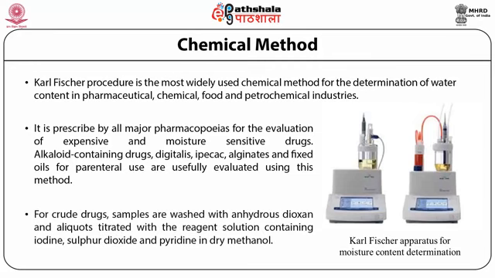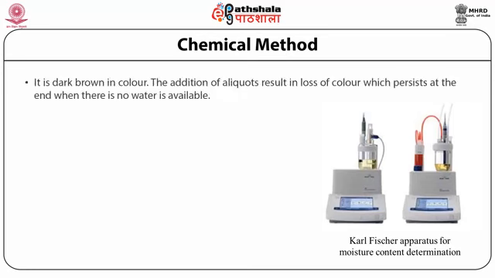The crude drug samples that are to be examined by the chemical method are washed with anhydrous dioxane. The aliquots are then titrated against the reagent consisting of iodine, sulfur dioxide, and pyridine in dry methanol. This reagent mixture is usually brown in color.